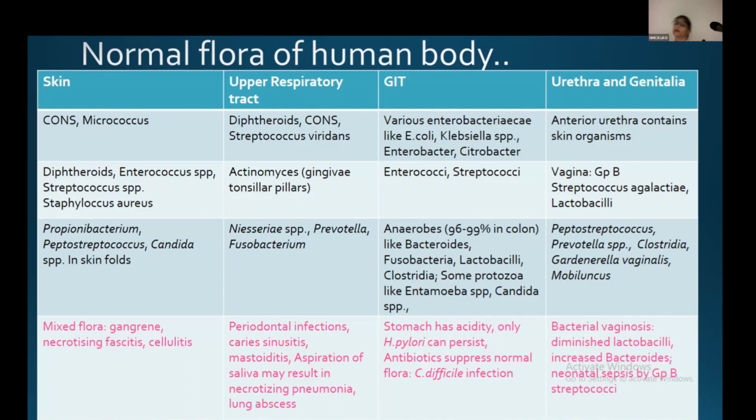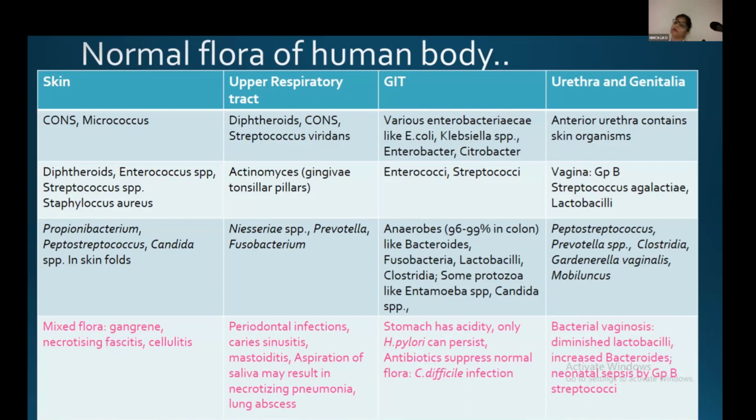And anaerobes, as we move towards the colon, almost 96 to 99% of the microbiota is composed of anaerobes. The anaerobic members are Bacteroides, Fusobacterium, Lactobacillus, Fusobacteria. Some protozoa like Entamoeba also may colonize the gut, and Candida. Okay. Special remark is that the stomach has acidity. Only Helicobacter pylori has been shown to persist in such an acidic environment.